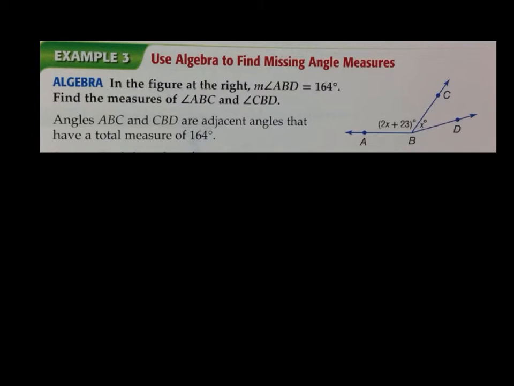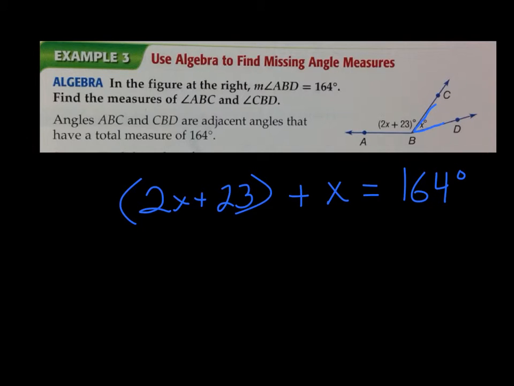So I'm going to take the measurement of one angle, which is 2x plus 23, and I'm going to add that to the measurement of this angle right here, which is x, and I know that those two angles together equal 164 degrees. So when I put these two angles together, they have to equal 164 degrees.